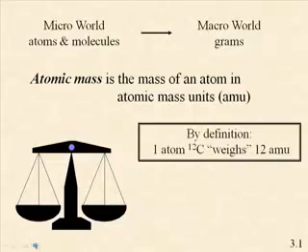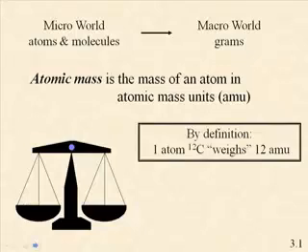The way these values were developed for each element was they started off and just defined the carbon-12 isotope as equal to exactly 12 atomic mass units. That's the basis for the relative mass scale. And then to get the masses of any other isotope, they just ratioed it based on its relative mass compared to carbon-12.